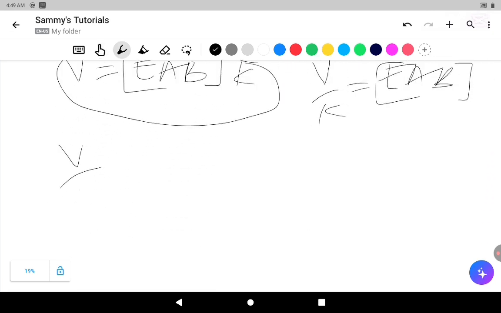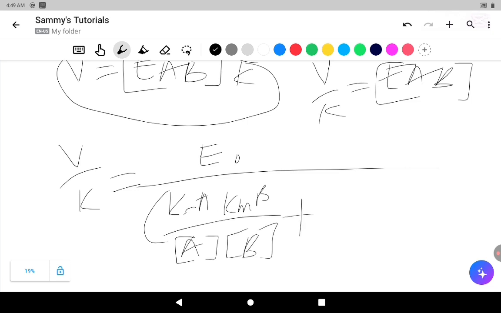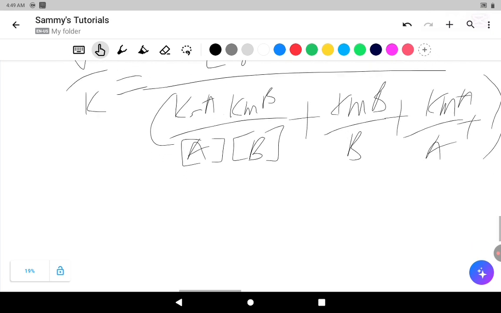So what you now have is V over K equals to E naught all over KSA times KMB all over A, B plus KMB over B plus KMA over A plus 1. Alright? This is what you now have, because I have replaced EAB with what? V over K. Are you following?